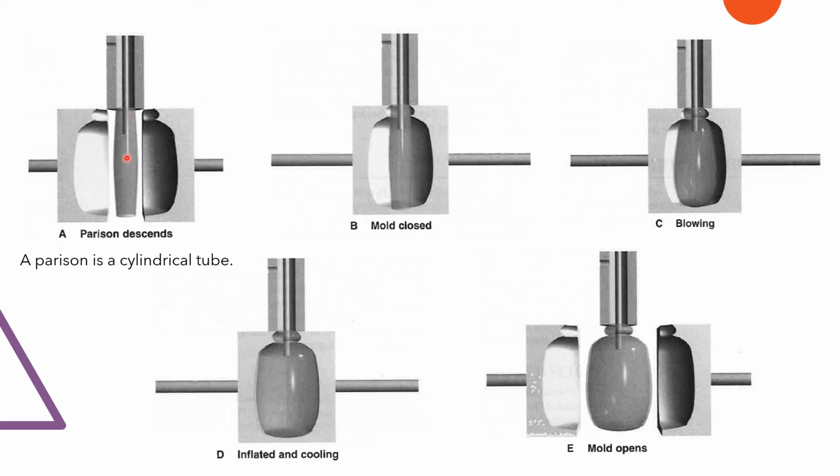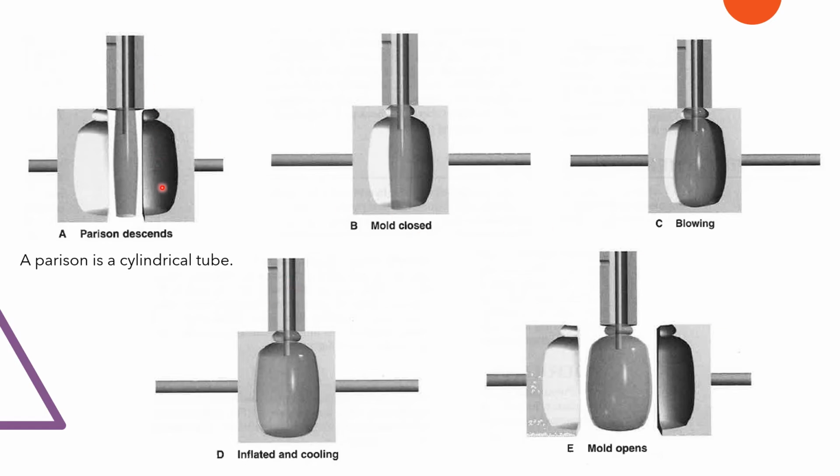It's going to come down, and the mold cavity is going to close, and you're going to blow it to make the shape. We use air to blow it, so it gets inflated, and then we use water to cool it down. Once it's done, we open the molds, and you get the container made of plastics. Here in this case, thermoplastics.